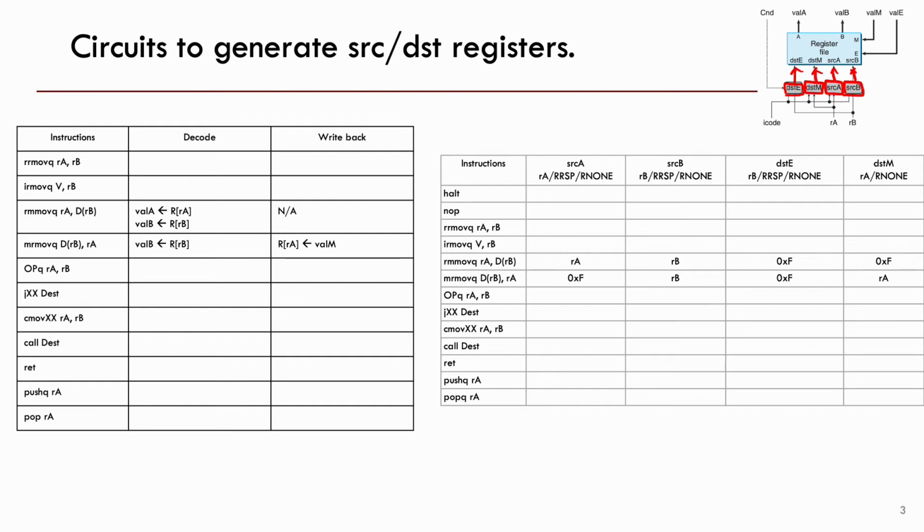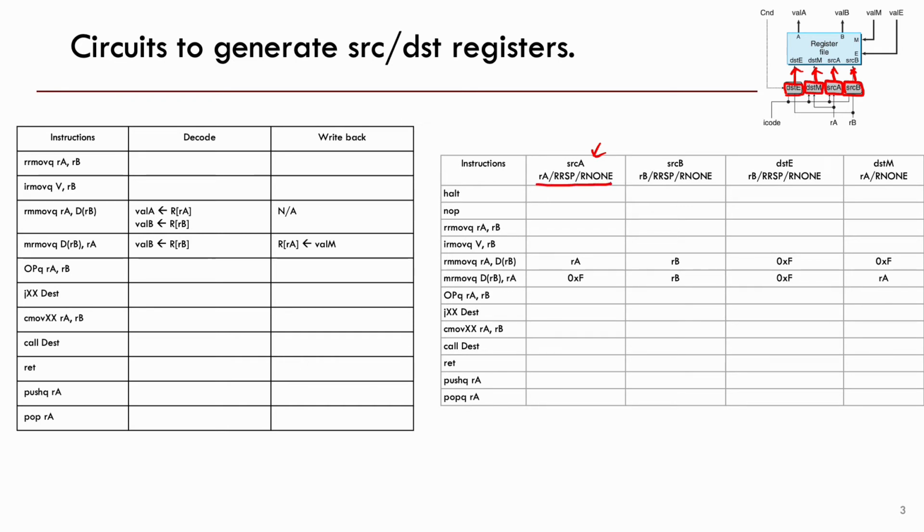Each box is associated with one column in this table: source A, source B, dest E, and dest M, and it has all possible outputs.